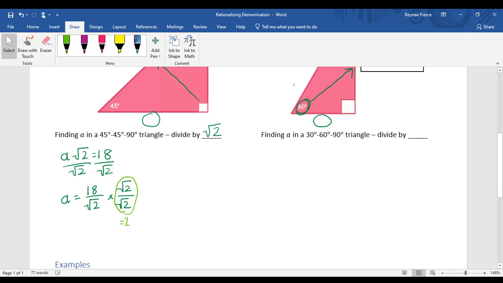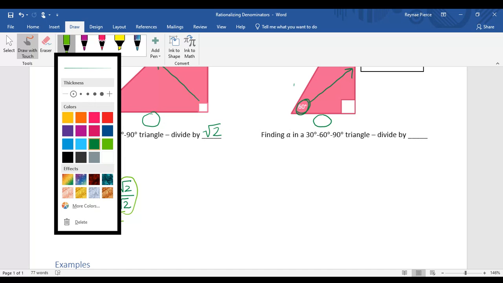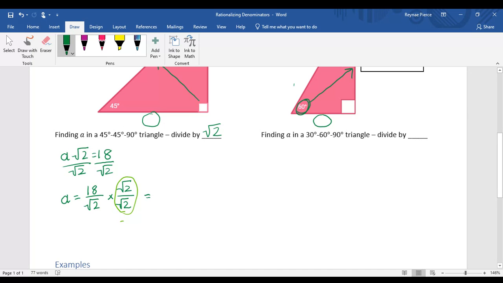Now, in the numerator, when we multiply straight across, we just have 18 square roots of 2. In the denominator, when we take the square root of 2 times the square root of 2, we get the square root of 4, which is just 2.